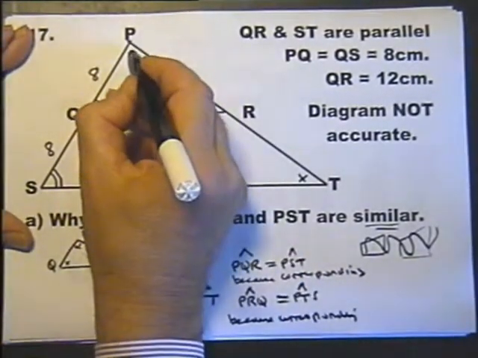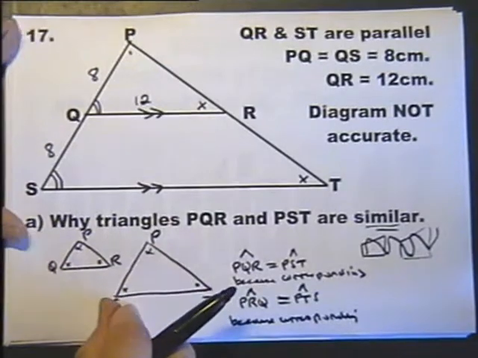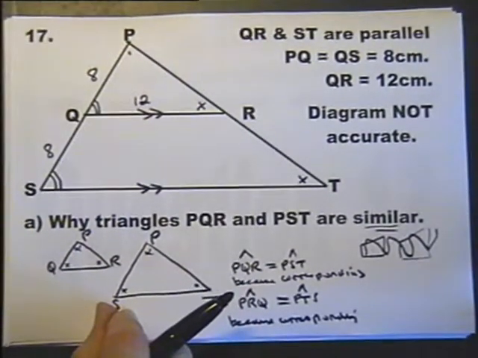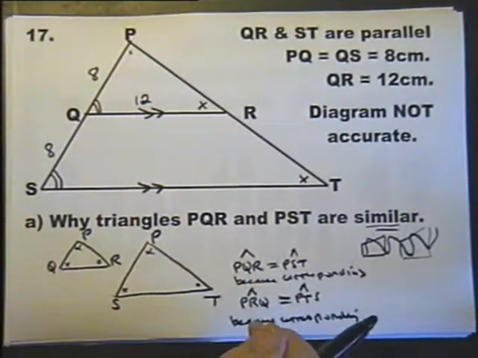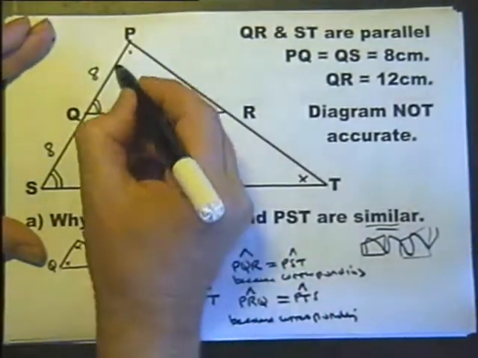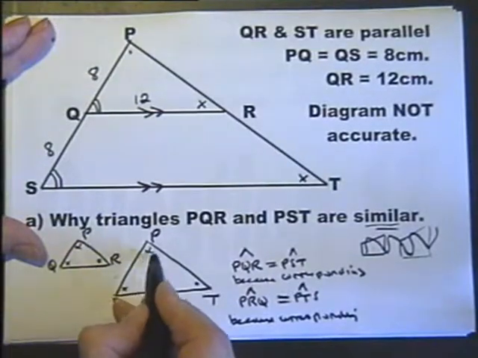Now the last angle, which is the same in both of them, there are two ways you could go about this. You could say the three angles of a triangle add up to 180 degrees, so if two are the same, the third one must be the same. Or, it's called a common angle. It is the same angle in both diagrams.